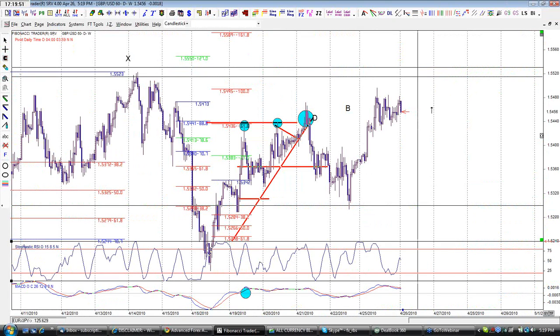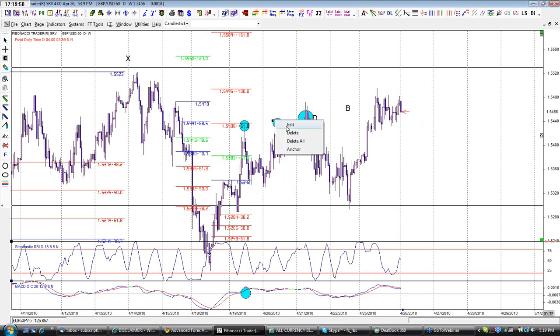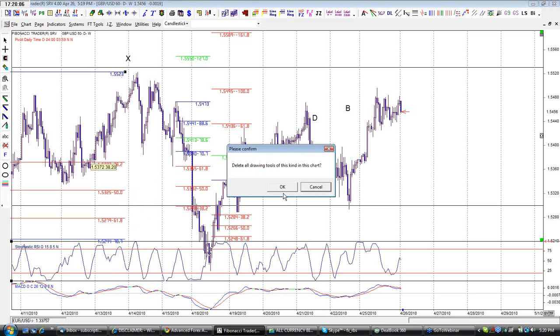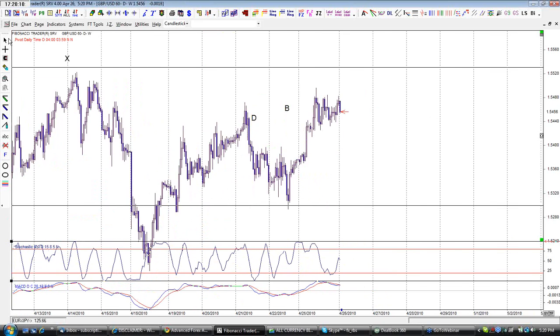Now I know that here around this area I can start looking for bearish opportunities. If I find a pattern near this level, a bearish pattern, I will be more than glad to short the market because I know that this resistance is coming from the daily.